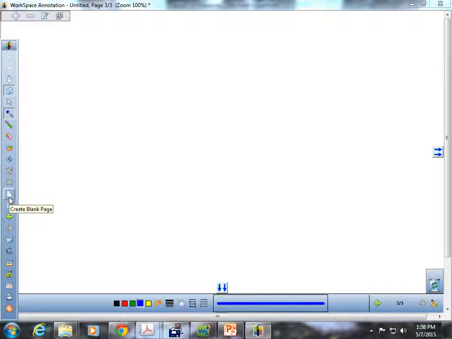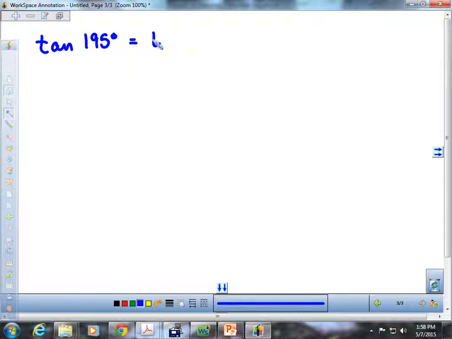Tangent of 195 degrees. Well, the tangent of 195 degrees is really the tangent of 1/2 of 390.